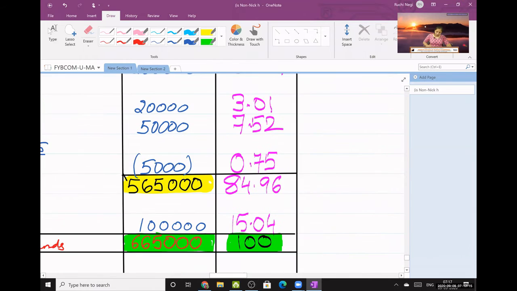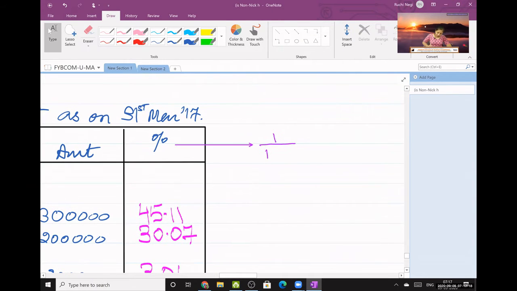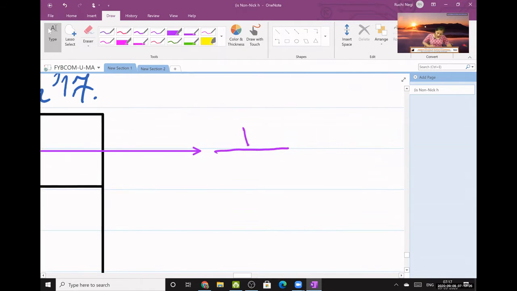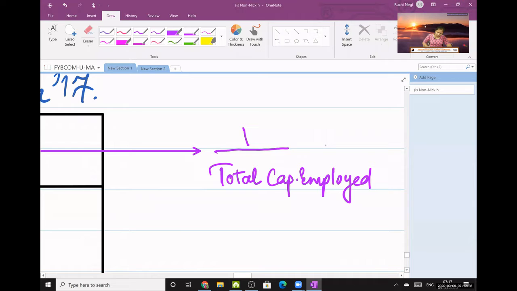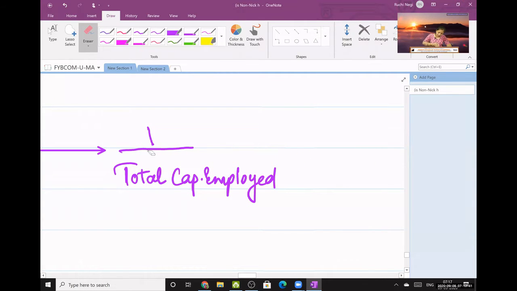Okay. So 1 upon total capital employed, into 100.